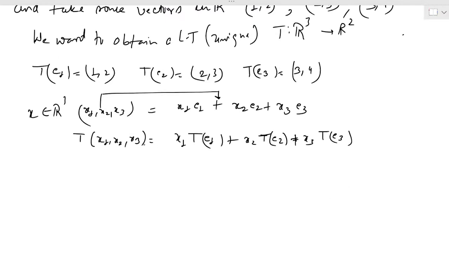Okay, and what am I going to get out of this? I know that TE1 I have declared to be equal to 1 comma 2, so I'll get x1 into 1 comma 2, then plus x2 into 2 comma 3 plus x3 times 3 comma 4.